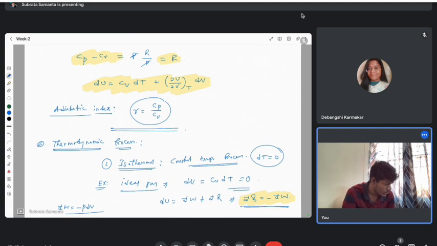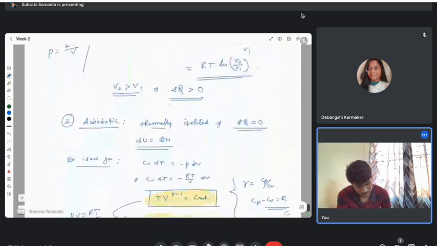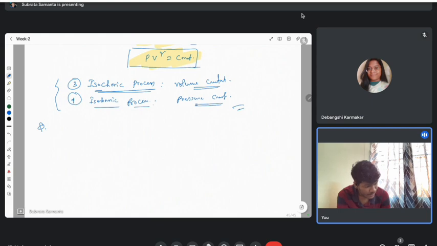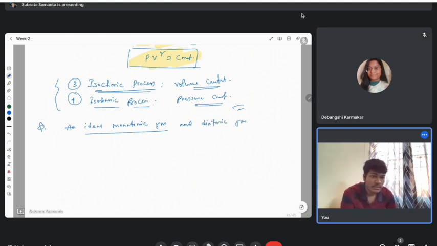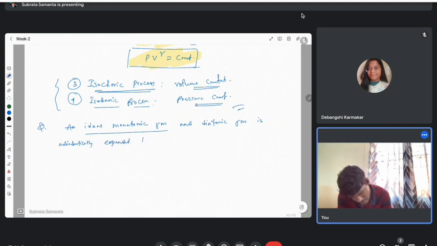Okay, let's do one example. Let's say an ideal monatomic gas and a diatomic gas are adiabatically expanded from pressure and volume P1, V1 to P2, V2.